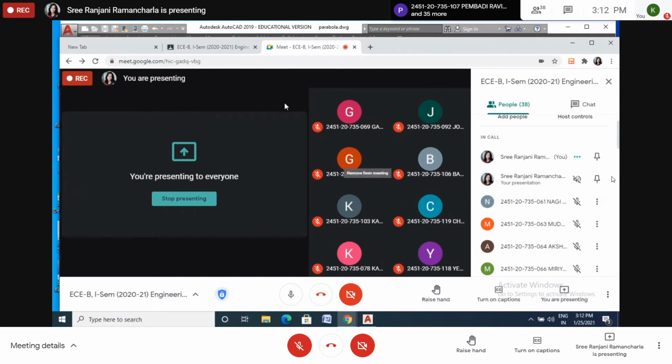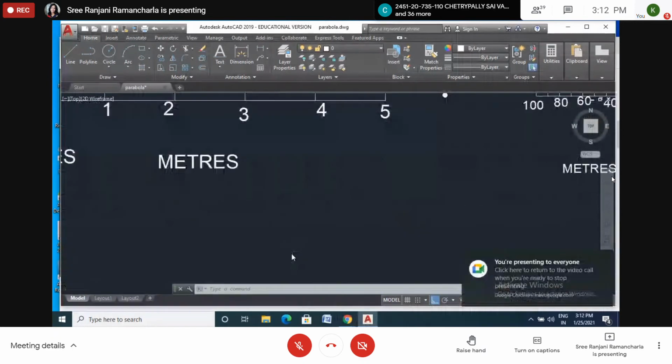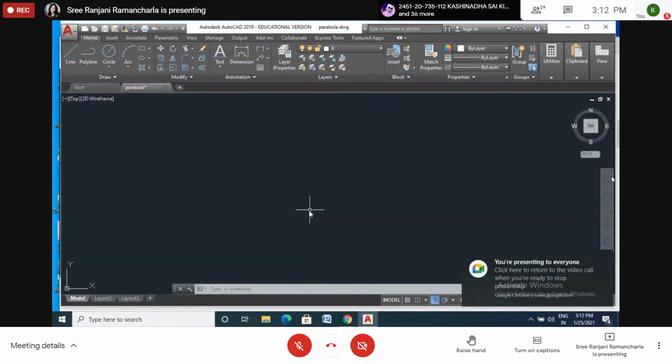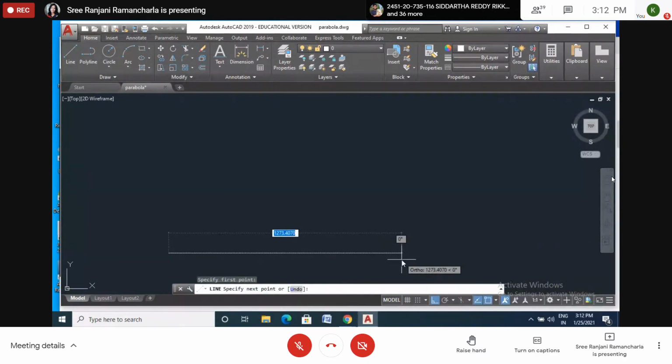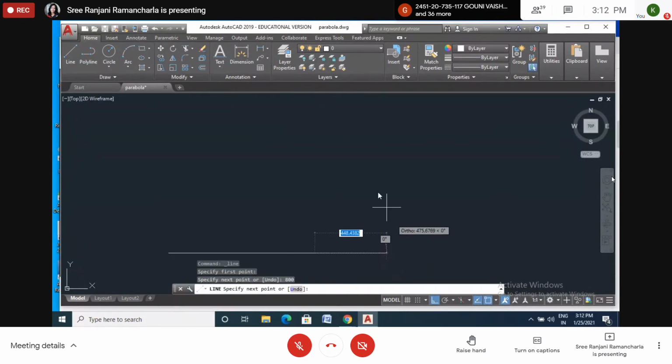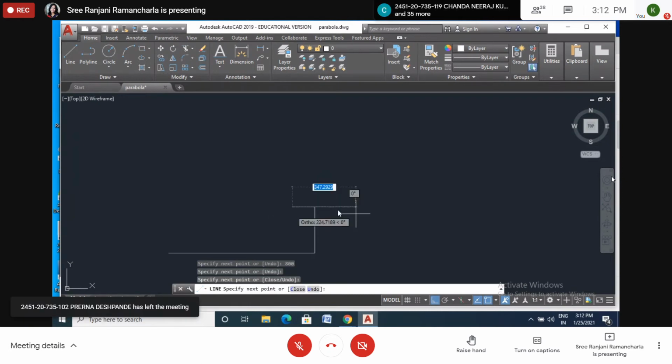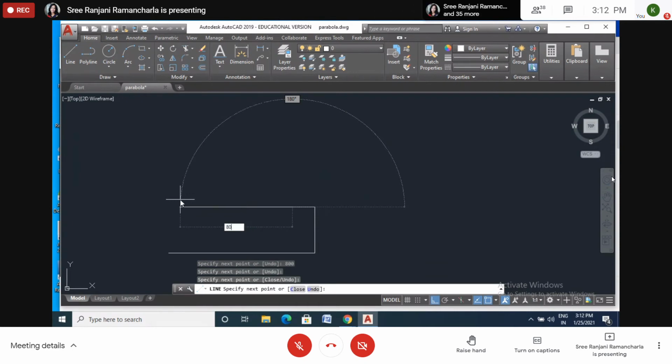I will draw it here. This I will explain, not the whole thing. So what is the length of the line? 8 by 5 centimeters. Here is 8, here 5.